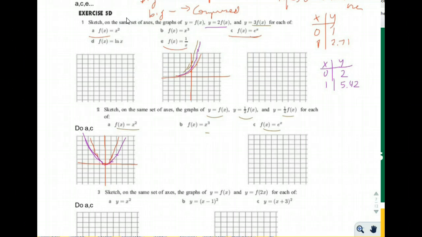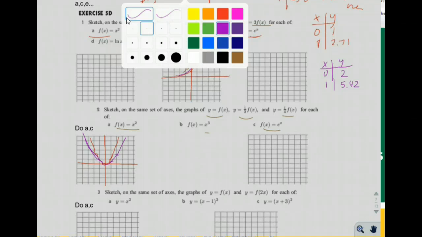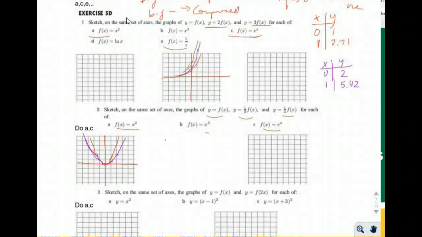And then what if it's a quarter of f of x? If I draw a little table here, originally I have negative 2, negative 1, 0, 1, 2. For a regular parabola, I have 4, 1, 0, 1, 4, right? What if I'm doing 1/4 times the y's? Everything's going to be a fourth smaller.